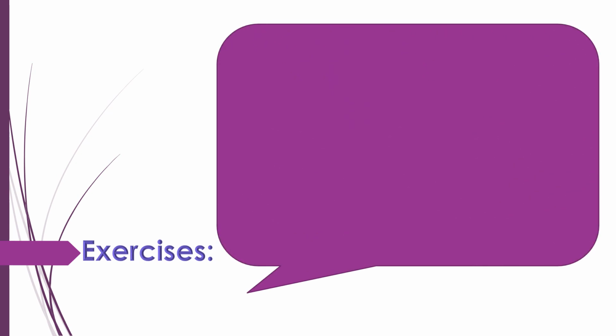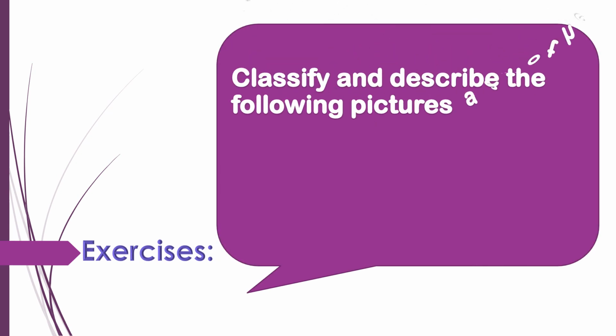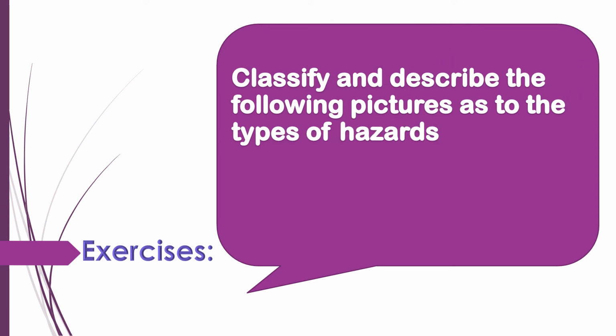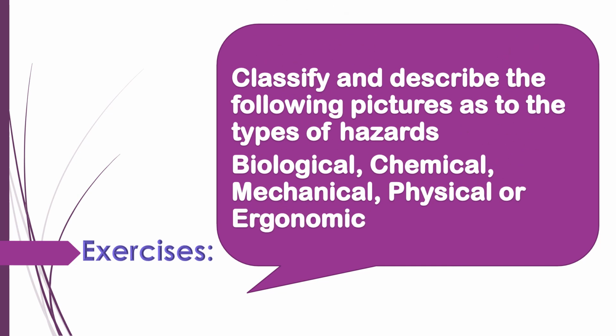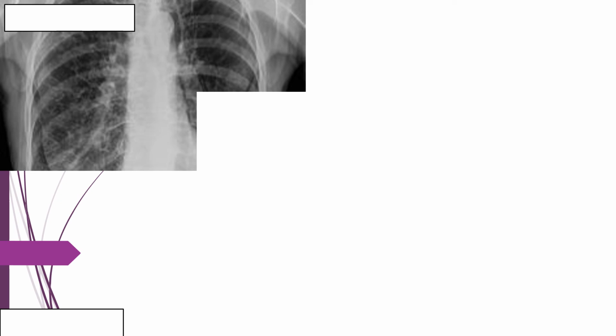Now let us have an exercise. Classify and describe the following features as to the types of hazards: biological, chemical, mechanical, physical, or ergonomic. Let's start. Feature number 1. Answer: physical hazards.